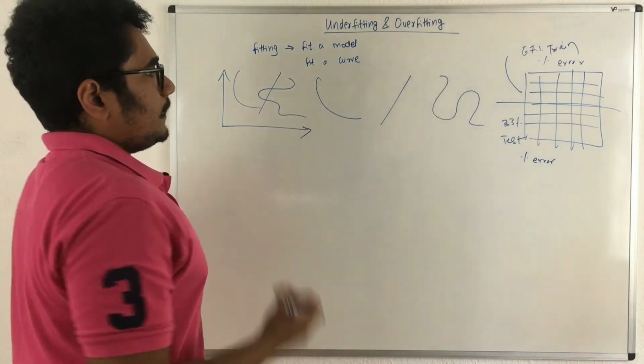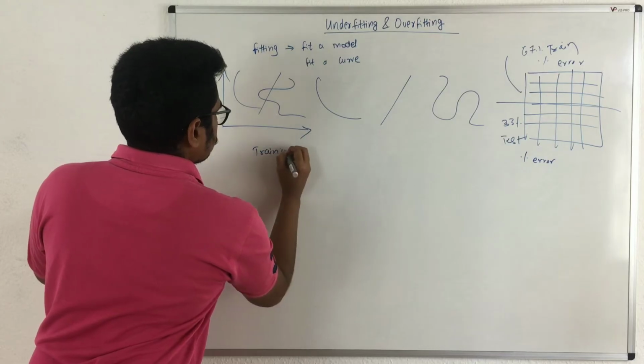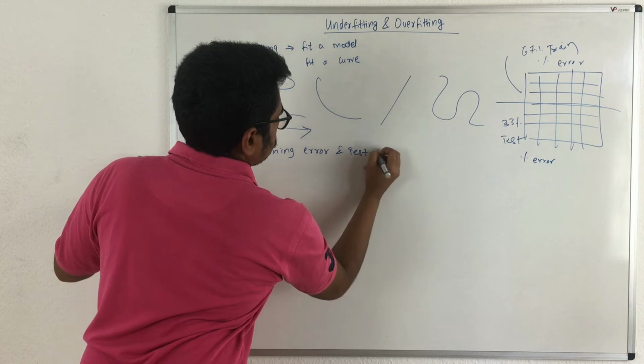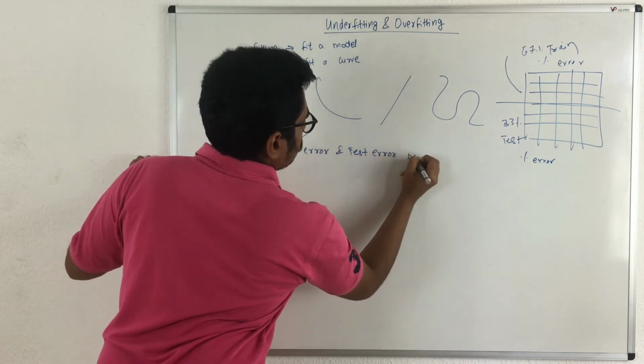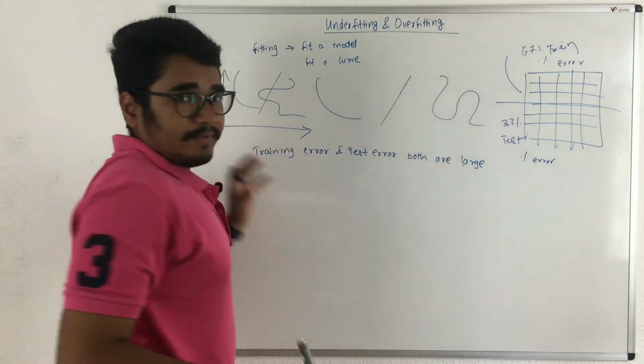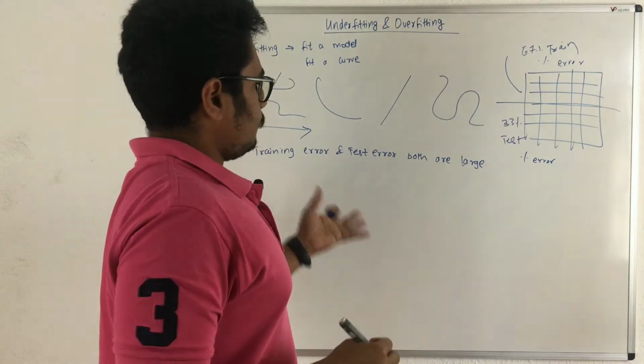Now what underfitting means is that when your training error and test error both are large, meaning very high and not acceptable, in that case you call it underfitting.